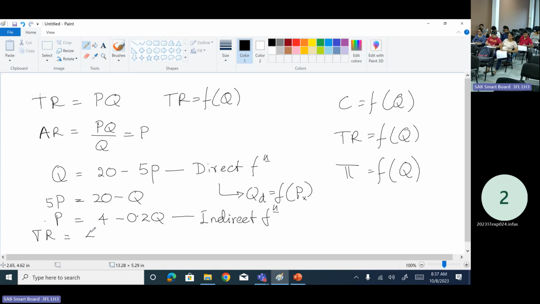Price means 4 minus 0.2Q, into quantity, so total revenue equals 4Q minus 0.2Q squared. That is our total revenue function. So if we take the average revenue, that is the per unit.